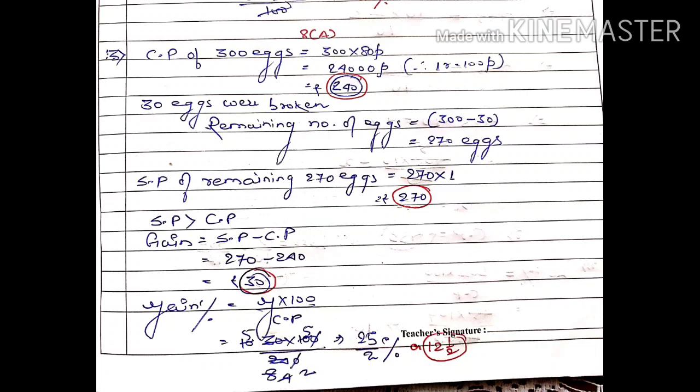Now you see one more thing nicely, in 240 rupees he is buying, 30 eggs were broken, then also he is selling all the eggs at 270. Which one is greater? 270, means selling price is greater than cost price. It means gain is 30 rupees. You can change into gain percentage. Gain into 100 by cost price. Put the value, do calculation, your answer will come 12.5%.